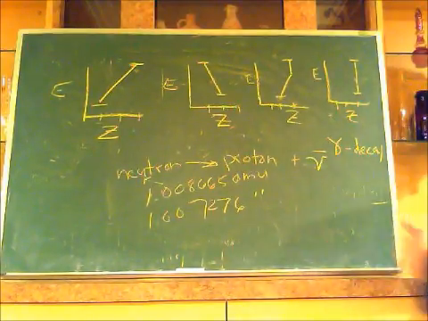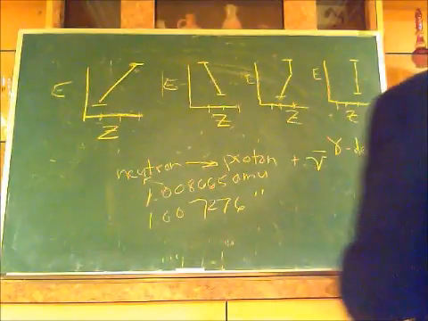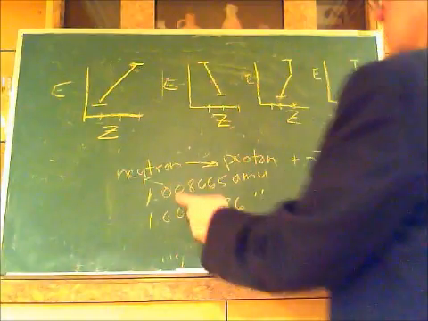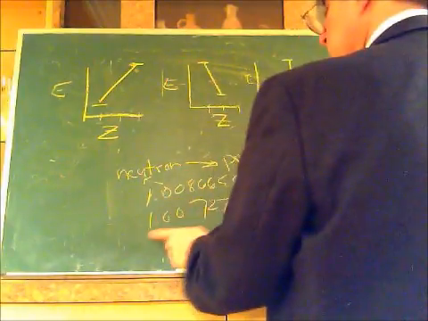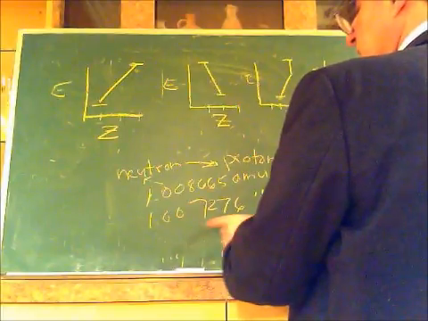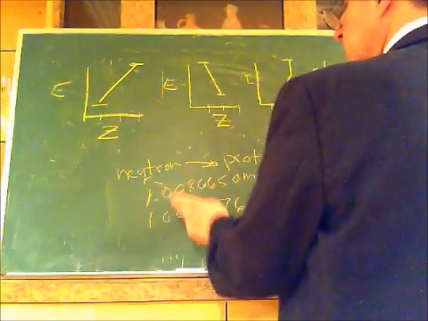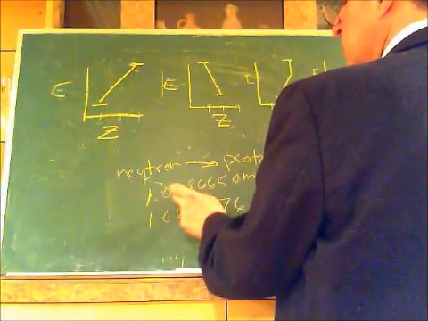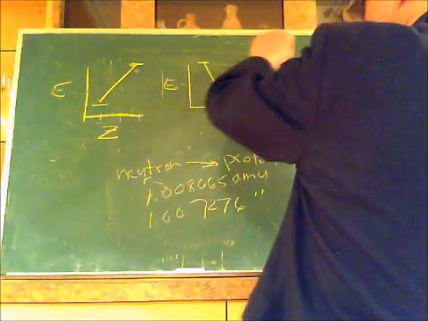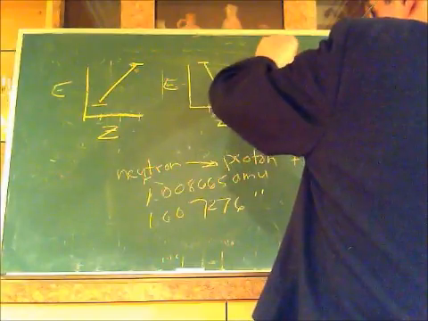What your book is telling you is what I was just trying to explain: the difference between these two masses is about the mass of an electron. So the small amount of mass that has to be created is about the mass of an electron, and that's what this drop here is representing.